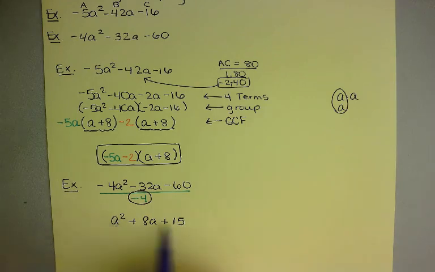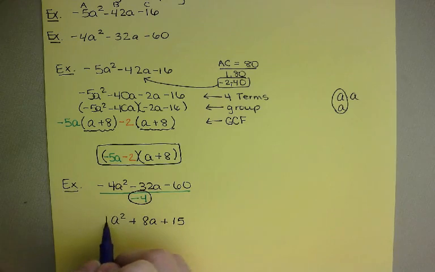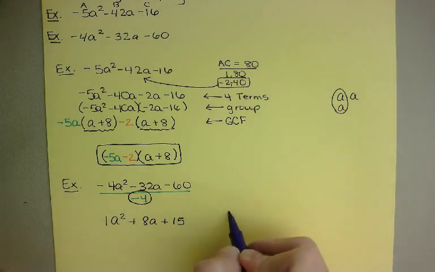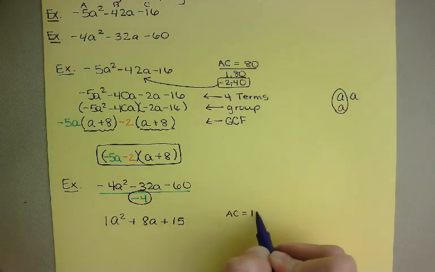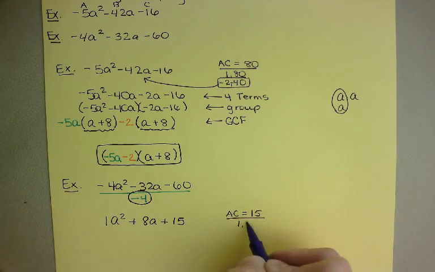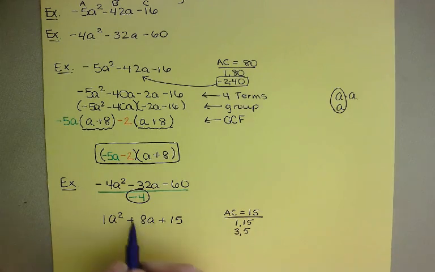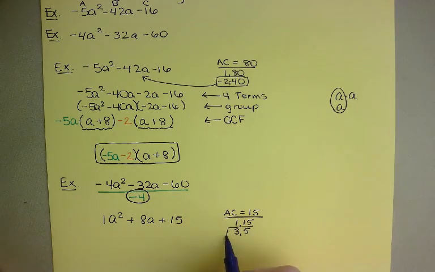This is still not 4 terms, so I need to do A times C. A times C is 15. I'm going to write out the factors of 15 and see which one can give me an 8. Well, 3 and 5 can if they're both positive.